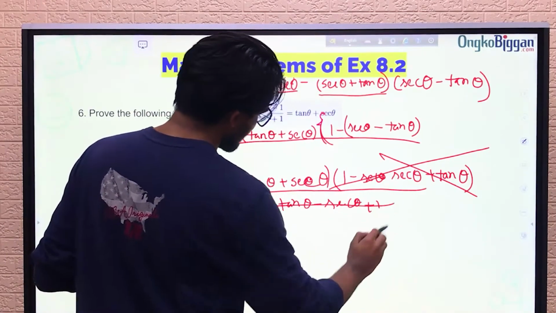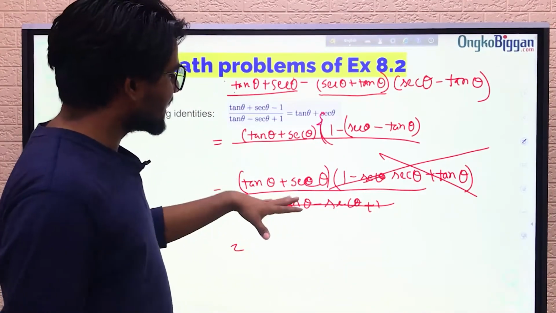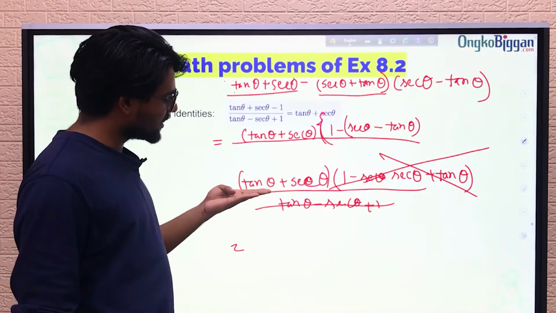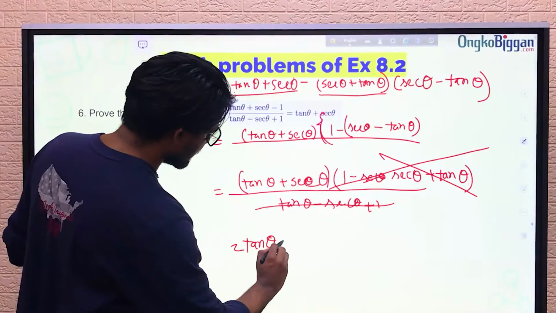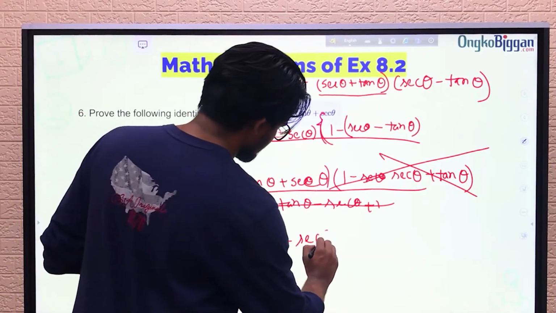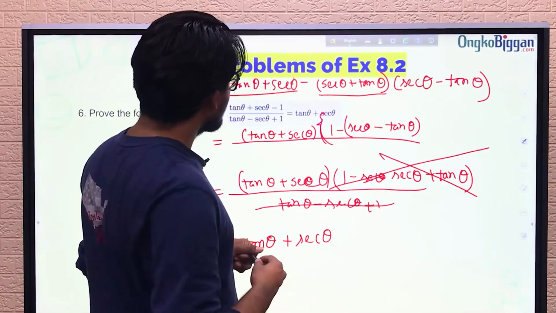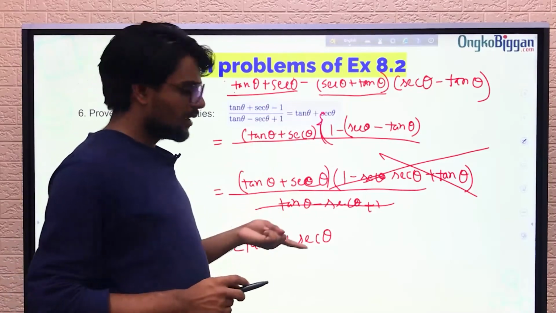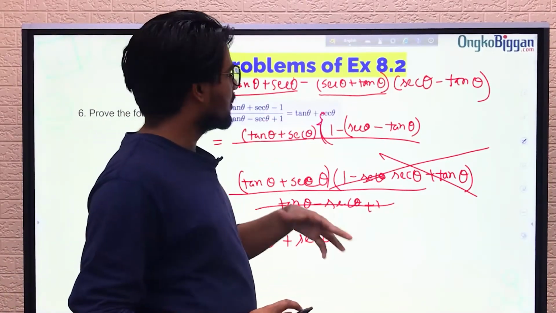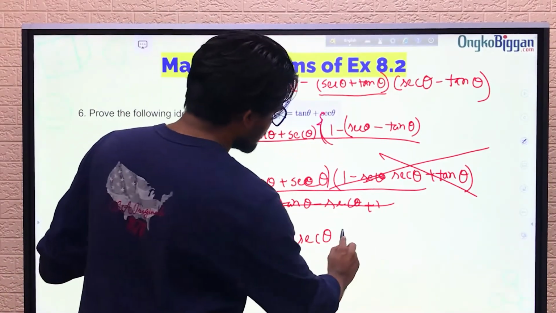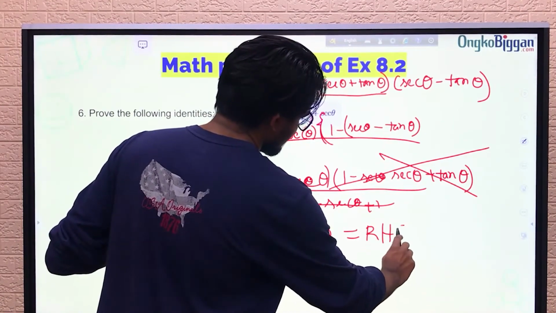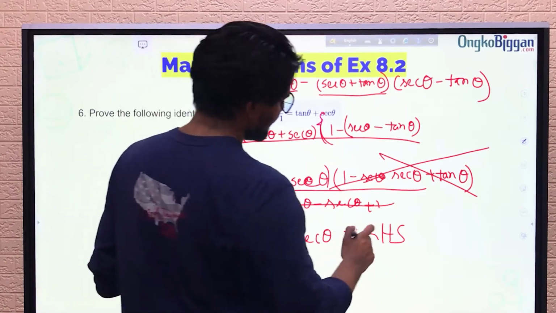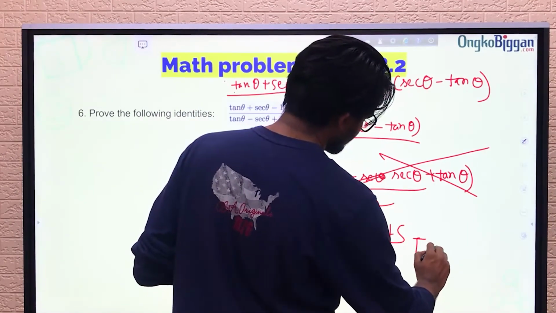After cancelling that, we end up with tan theta plus sec theta, and this is the required result of this identity. So we can write equals RHS, because we have reached the form that is equal to the right hand side, and we can write proved.